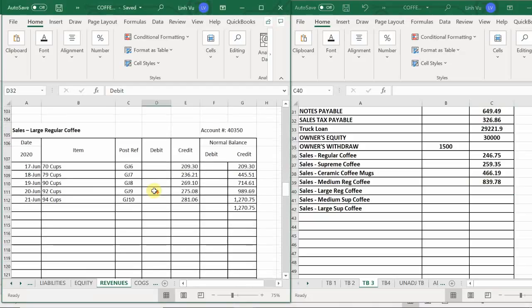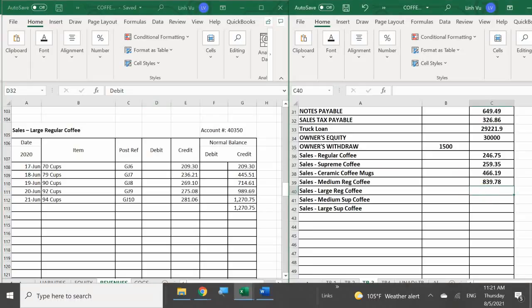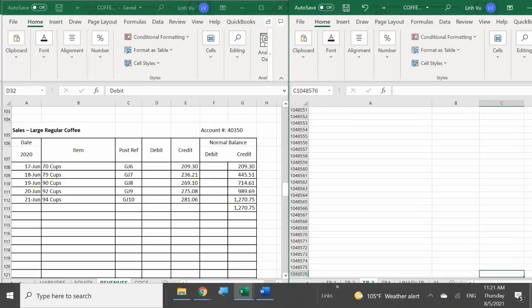What was the amount for my large regular coffee? $1,270.75. Oh man, I fat fingered something. Okay, hold on. Okay, control home.